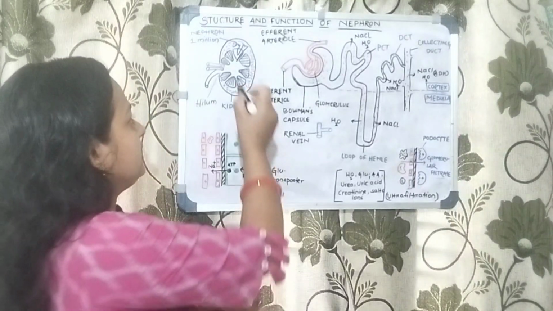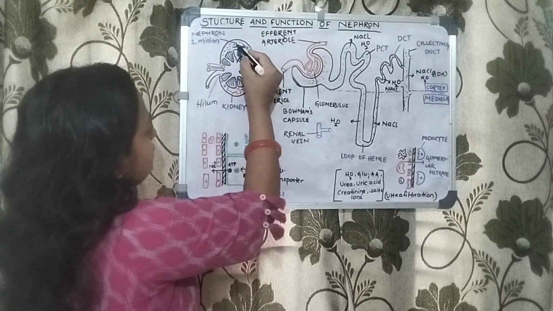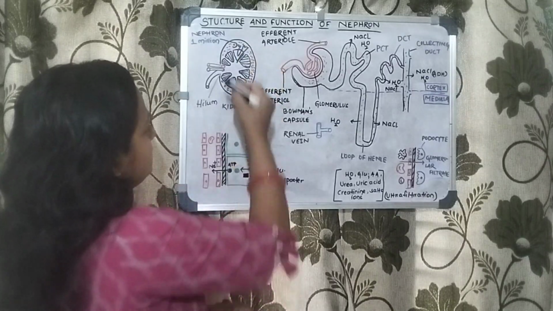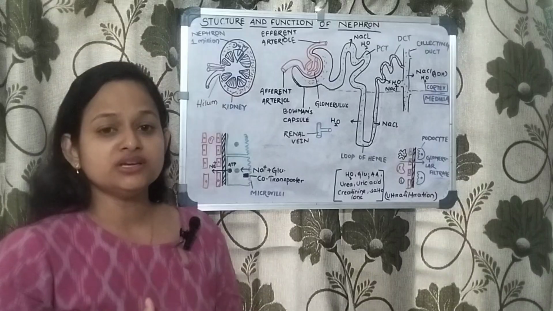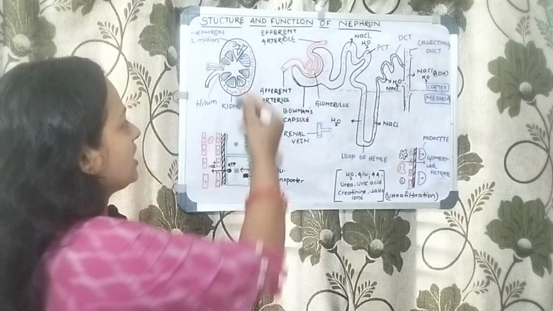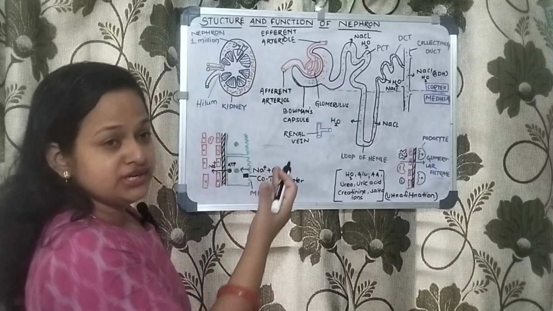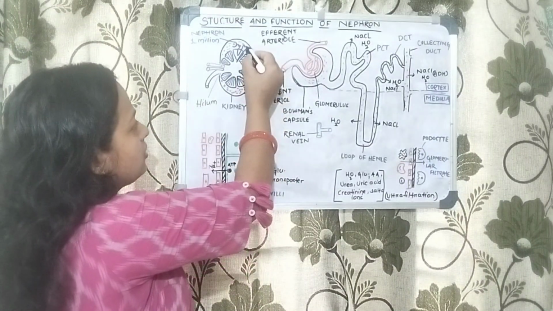Okay, and I have drawn here one nephron. This is the nephron, and there are about 1 million nephrons present in each kidney. After the formation of urine in this nephron, then this is the collecting duct.